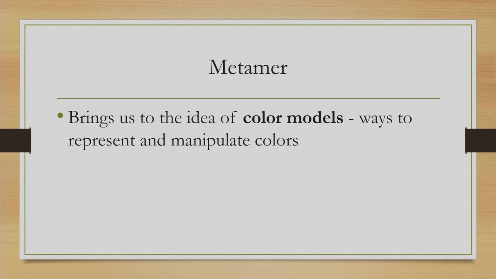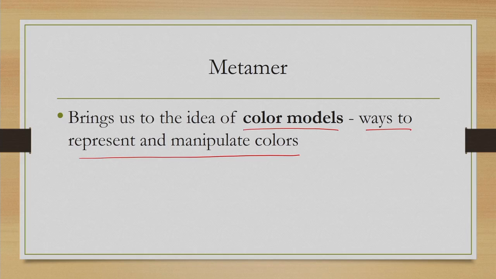Now, those sets are called color models. So, this brings us to the idea of color models, ways to represent and manipulate colors. The basic idea is that we have a set of basic colors using which we can generate different colors by mixing them in an appropriate way with an appropriate amount.